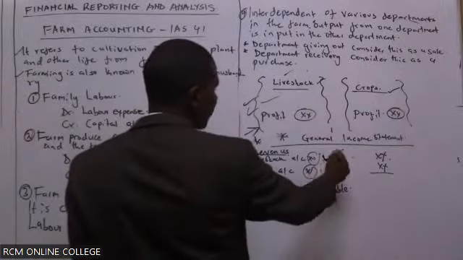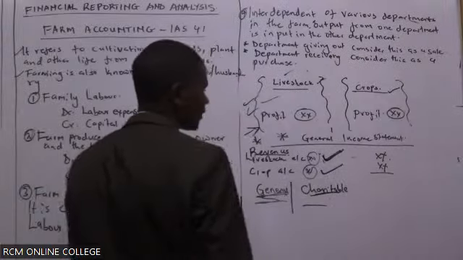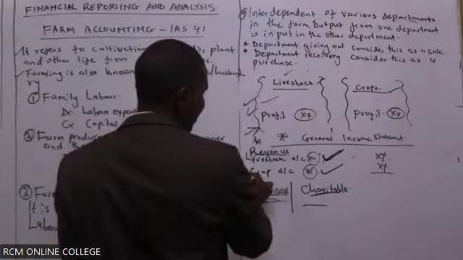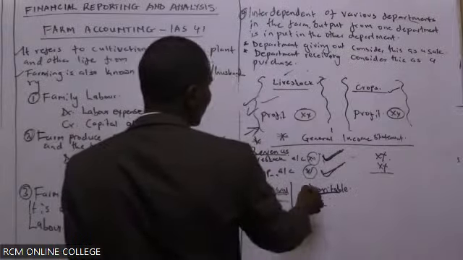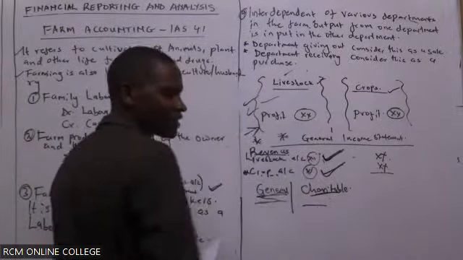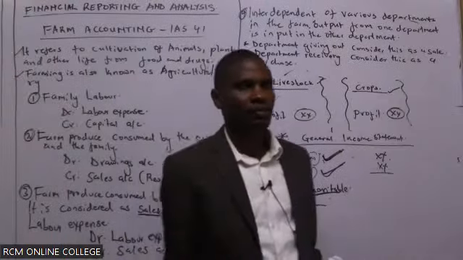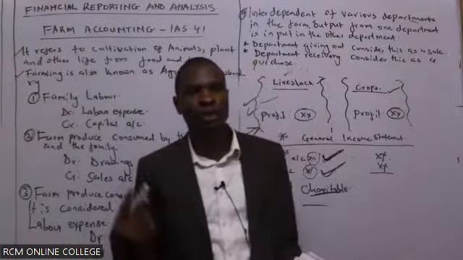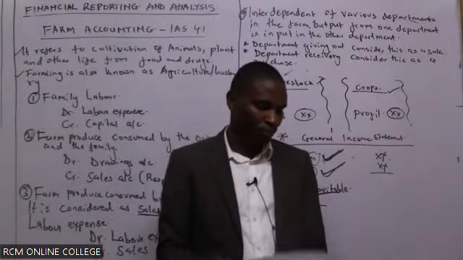If we have given away maize, it will go under the crop account under sales. When we come to the general income statement, it will be treated as an expense, the same amount treated as an expense. We shall see when we will be doing a question.